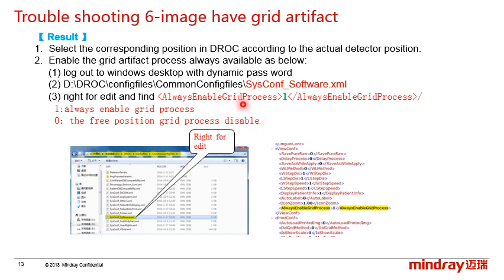Log out to the Windows desktop and open this file and edit this line. 1 means always enable the grid process, and 0 means the free position grid process is disabled. So we just need to change the 0 to 1.